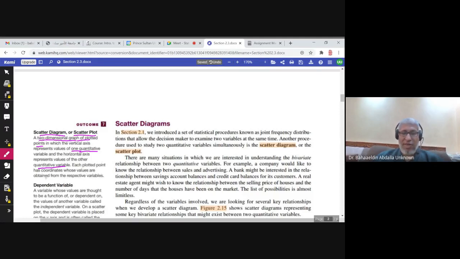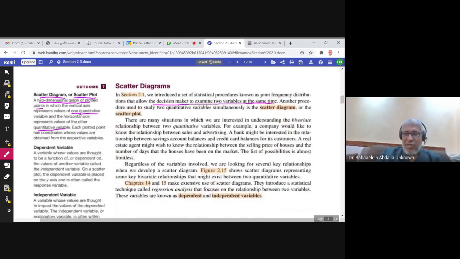Each plotted point has coordinates whose values are obtained from the respective variable. Okay, so for the coordinates of each point, you get the x coordinate from the x variable and the y coordinate from the y variable. So this allows the decision maker to examine the two variables at the same time.